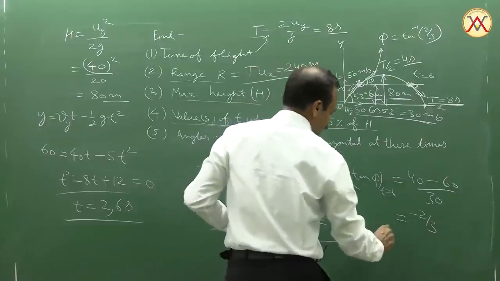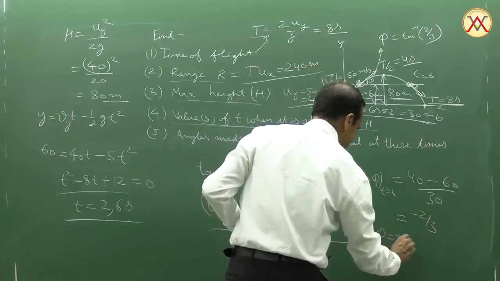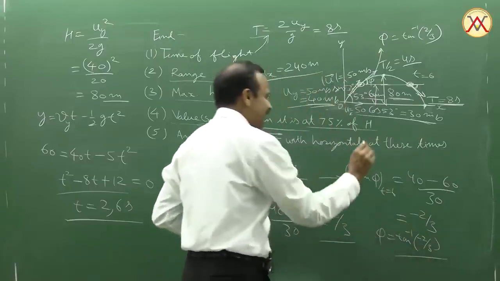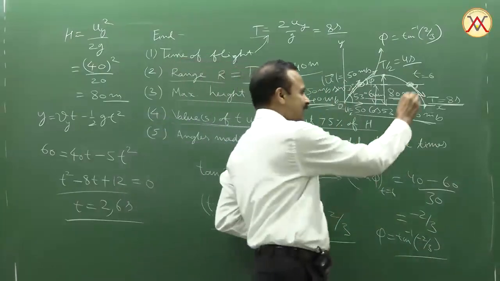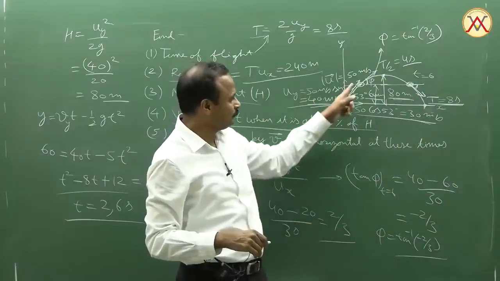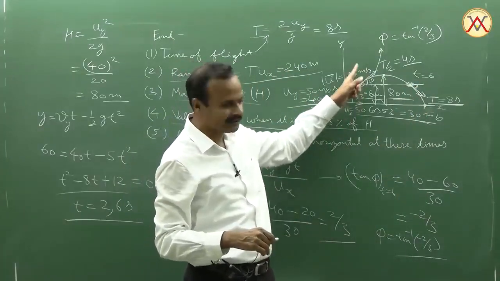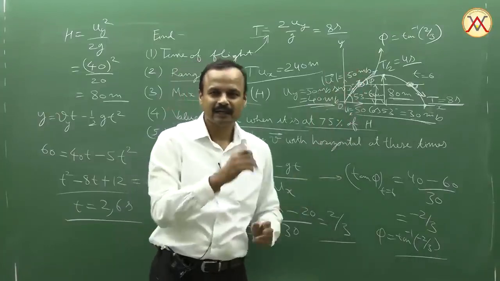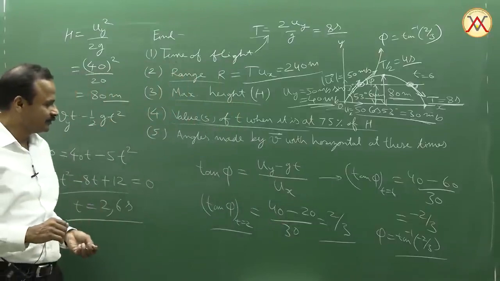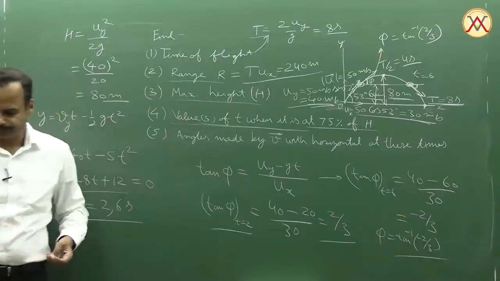That means the value of phi is tan inverse of negative 2 by 3. The negative sign shows that the velocity vector has a downward component. The positive sign here shows that the vertical component is upwards. So these are the 5 parts till now.